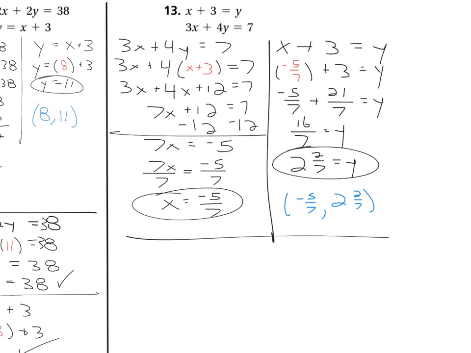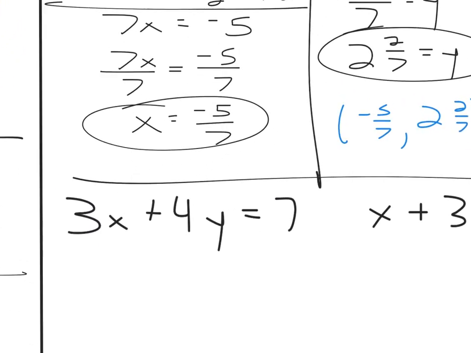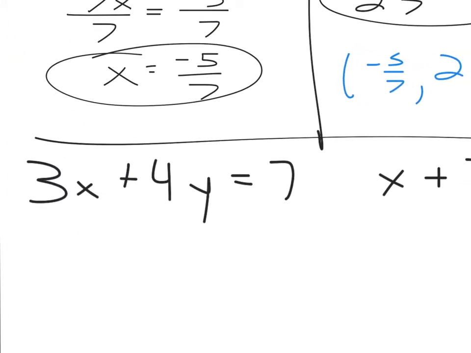So we're going to take our original equations, and one of them is 3x plus 4y equals 7, and the other one is x plus 3 equals y. Okay? And let's zoom in one at a time and solve these in turn. So we've got 3 parentheses plus 4 parentheses equals 7.